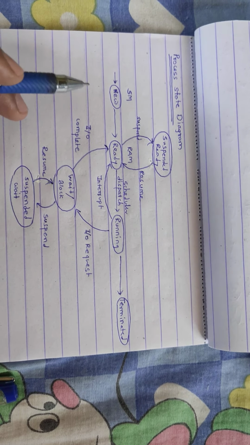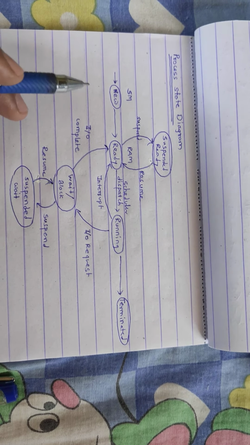At that time the process executes for a particular time slot. Once the time slot is finished, the process is interrupted and it again goes back to the ready state. It has to wait in the ready state for further execution. This type of scheduling is called preemptive scheduling.